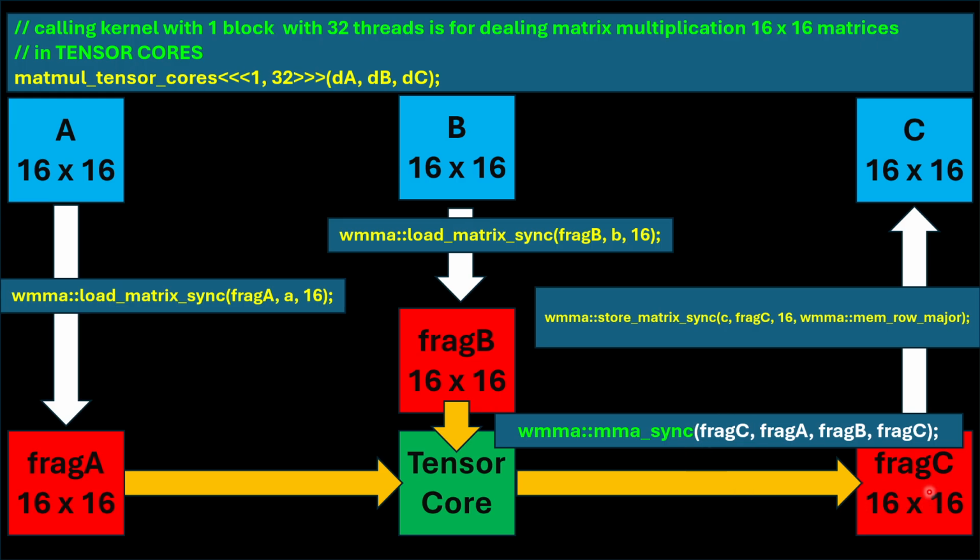After we finish the operation and store it in register file memory, we move it to the top. So this part is the calling, and this is how we call one operation on 16 by 16 matrices to be done in one tensor core, and it must be done with 32 threads.